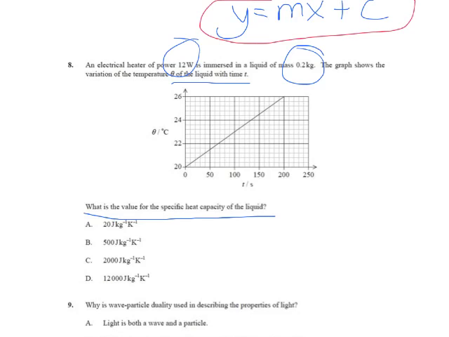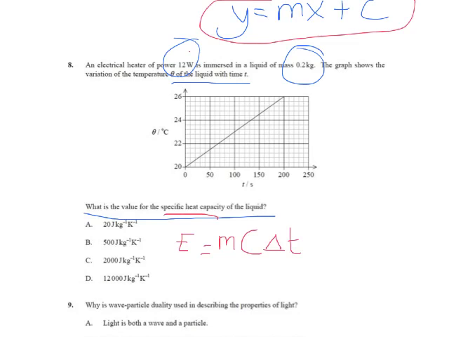So let's have a think about the information we're looking at. We've got specific heat capacity, we've got power. So we know that energy supplied to an object that's increasing its temperature would be equal to the mass of that object, specific heat capacity, and change in temperature.